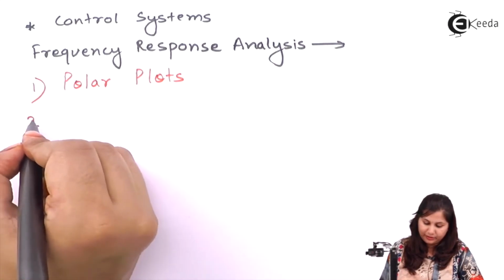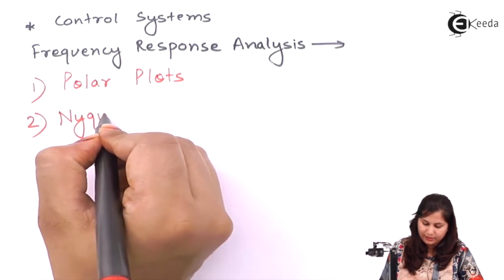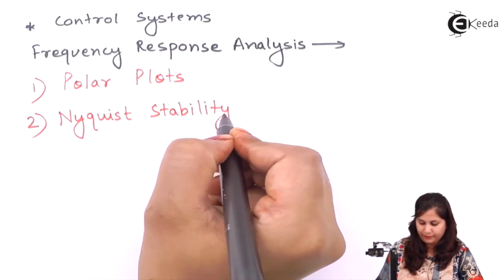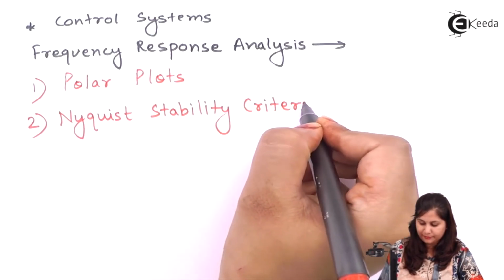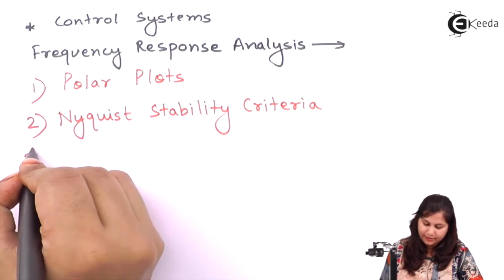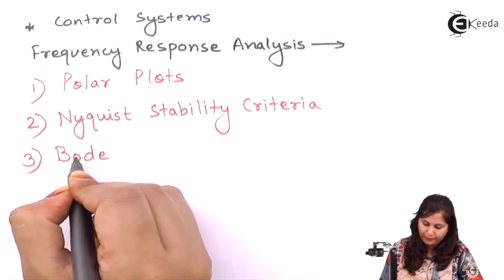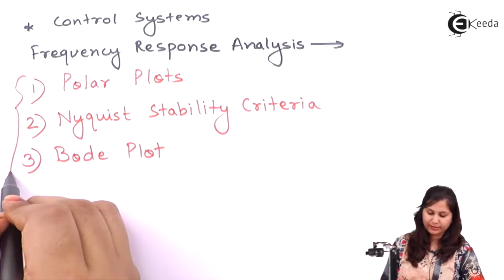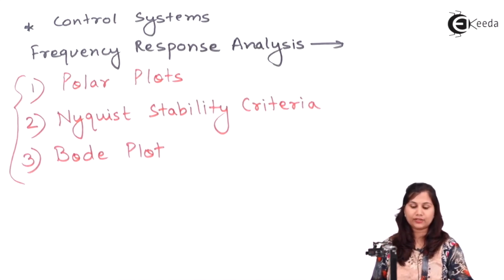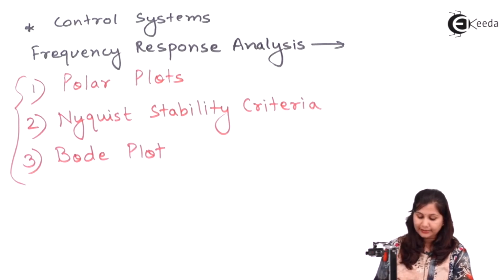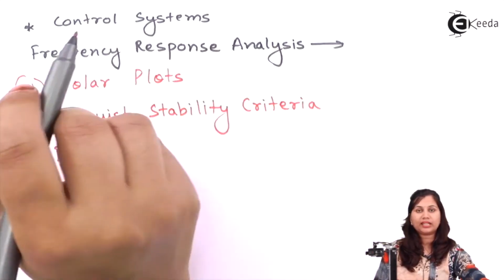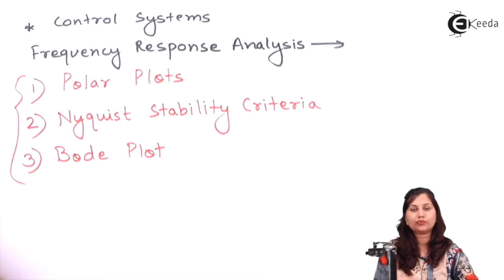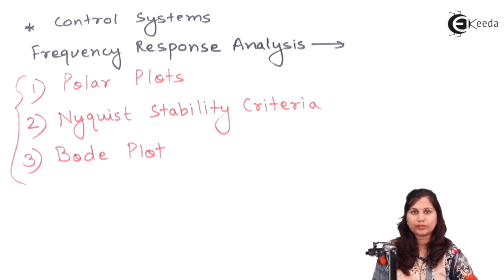Second method is Nyquist stability criteria. And third is Bode plot. So these are the three methods by which the frequency response analysis of the control systems can be done. And through the frequency response analysis, we can find out the stability of the system also. So these methods can also be used to find out the stability of the control systems.